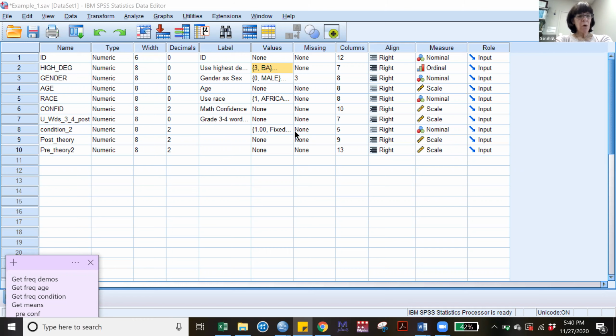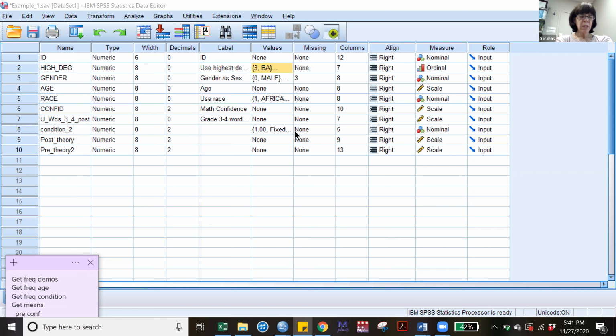And so our hypothesis is that there are differences between the two groups on the words that they used in the sample lesson, and there are differences between the two groups on their theory of student ability after treatment, post-theory, and that in both cases, we have a directional hypothesis.